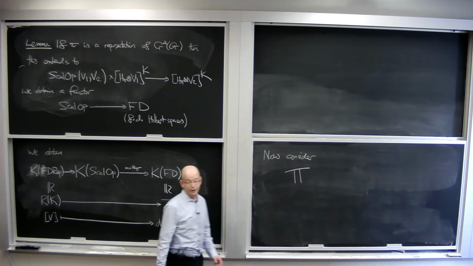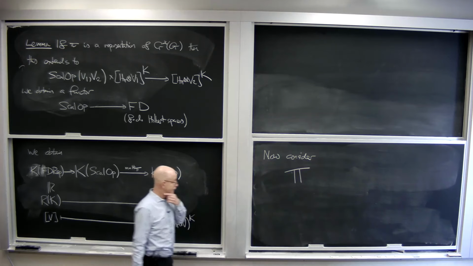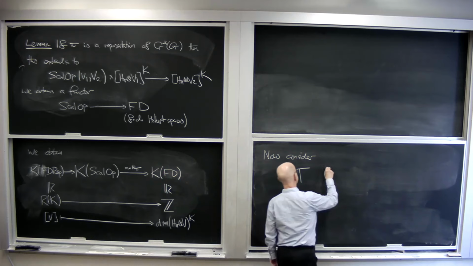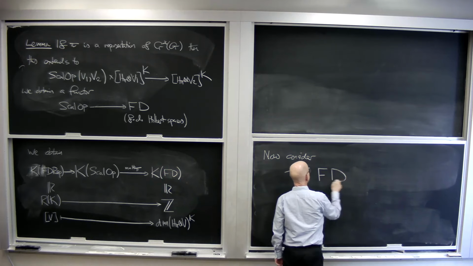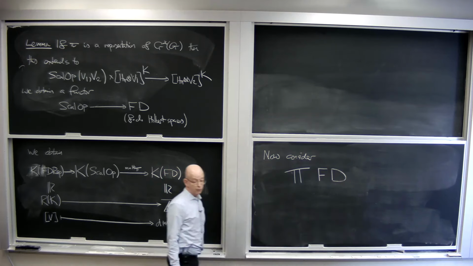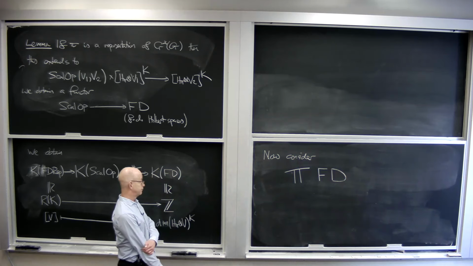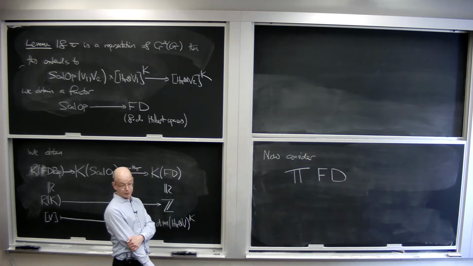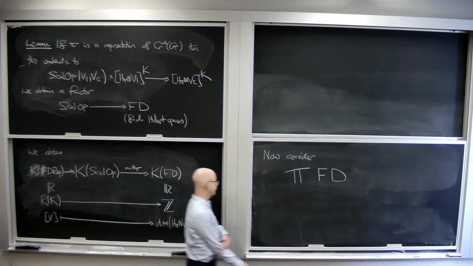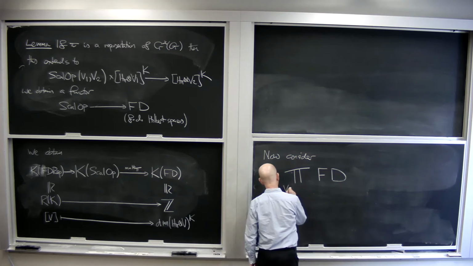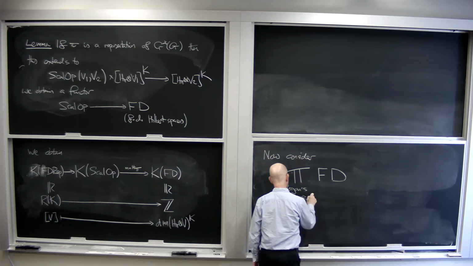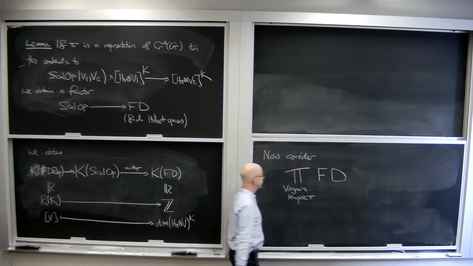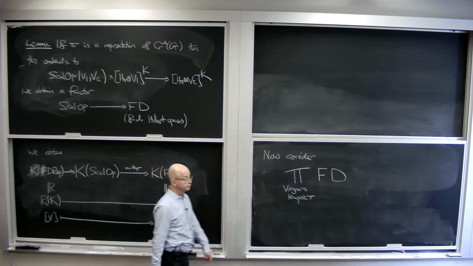So now I want to take an enormous category, which is just the direct product of all of the categories of finite dimensional vector spaces, of multiple copies of the category of finite dimensional vector spaces with itself, indexed by these special representations that Vaughan talked about and that we talked about last time, Vaughan's temperic pies.